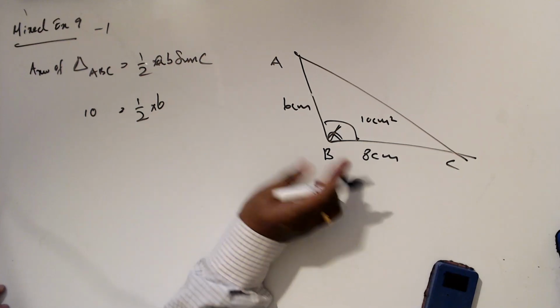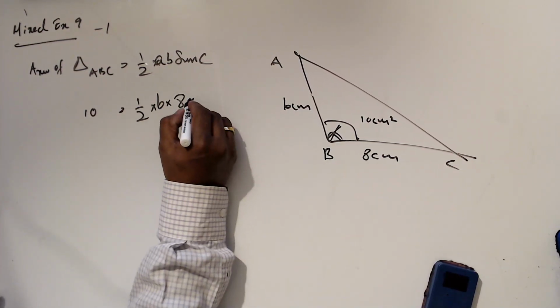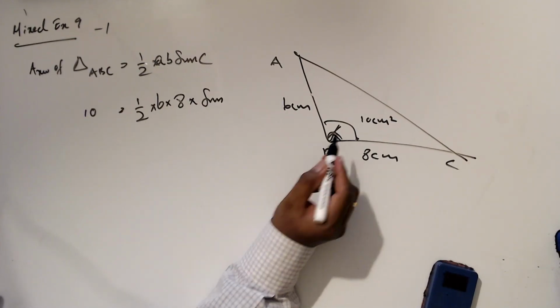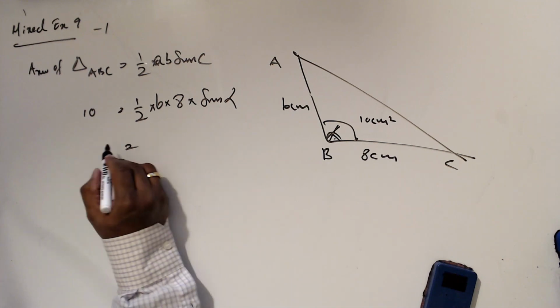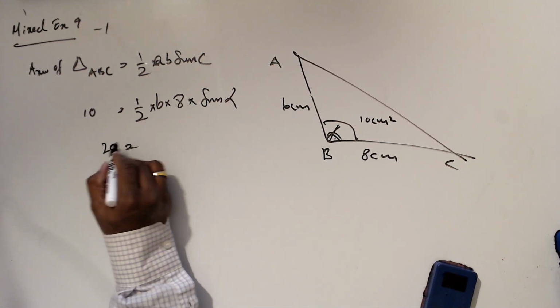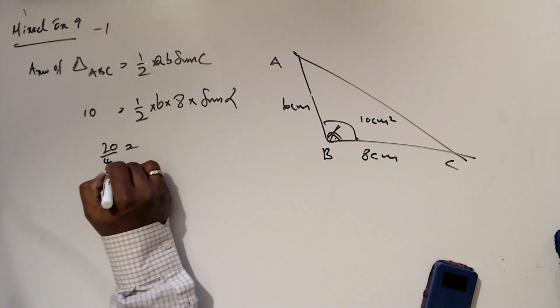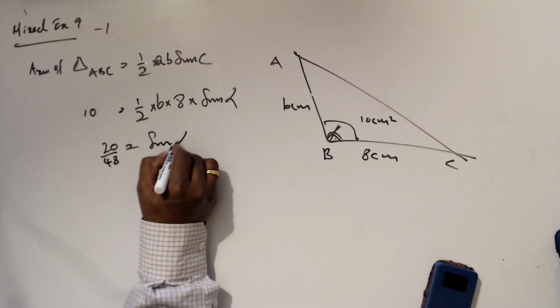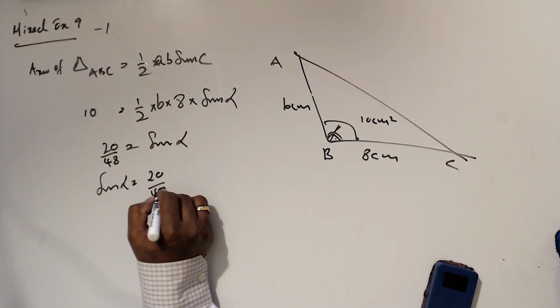You can take A or B, it doesn't matter. And this is 8 and sine alpha. So 20 over 48 sine alpha. Sine alpha equal 20 over 48.